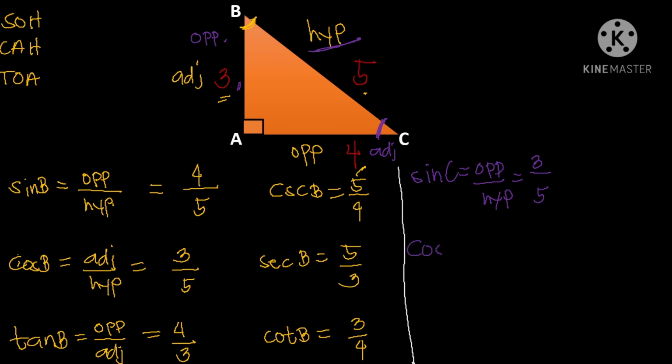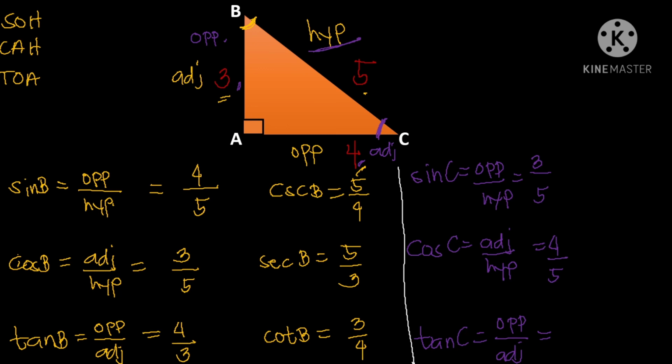Then, let's have the cosine C, which is adjacent over hypotenuse. So, ang adjacent side natin ay 4 over hypotenuse is 5. And then, tangent C. Tangent is equal to opposite over adjacent.